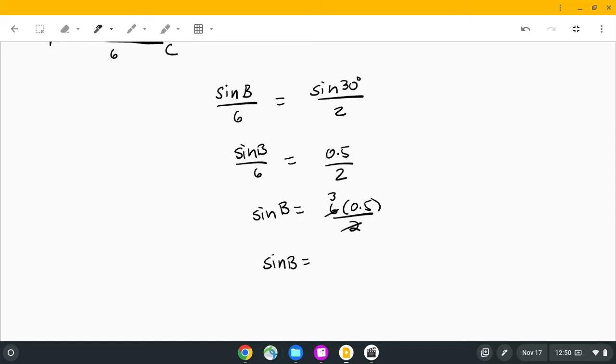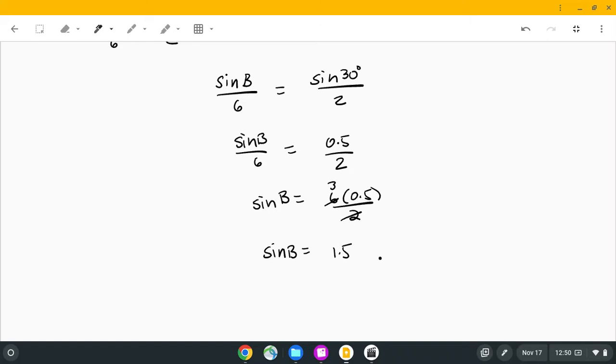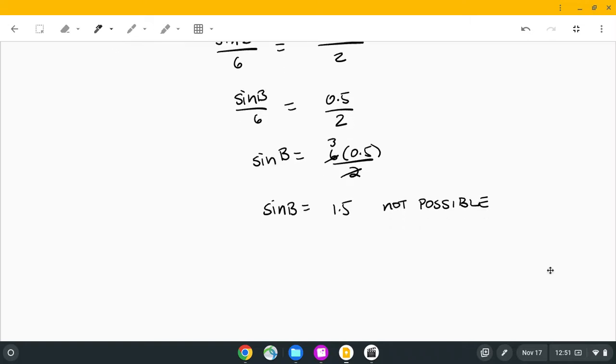is 1.5. And we already know that sine can never be larger than 1, right? It's bounded between -1 and 1. So we already know this is not possible. So here we would get no triangle. So there are 0 triangles.